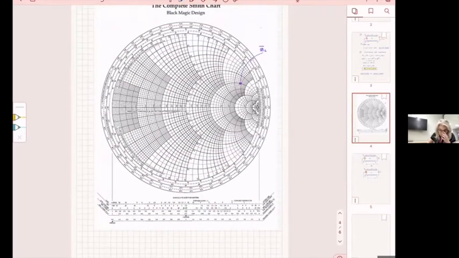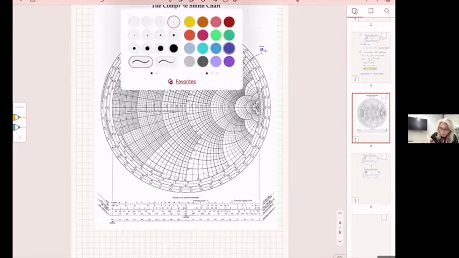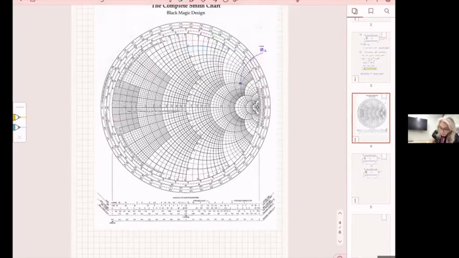So how do I go from ZL to YL? First of all, I again have to draw the transmission line circle, the circle of the transmission line, which is this one, and I will make it thick.